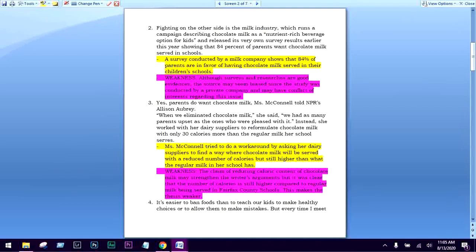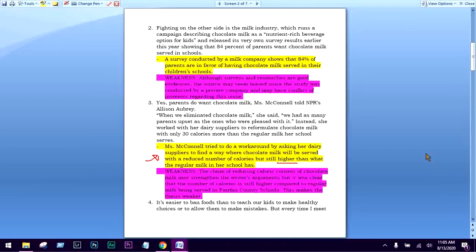Ms. McConnell tried to do a workaround by asking her dairy suppliers to find a way where chocolate milk will be served with a reduced number of calories, but still higher than what the regular milk in her school has. Yeah, they tried to address the concern that there's a possible way to reduce the number of calories, but it's still higher. So the writer is not good in establishing her argument. Well, I think KJ, I don't know, I assume maybe is a girl.